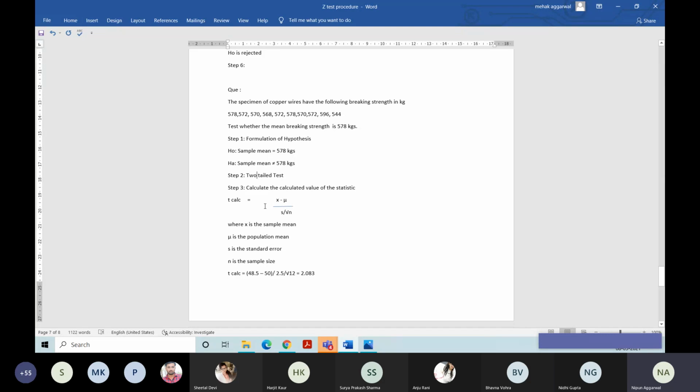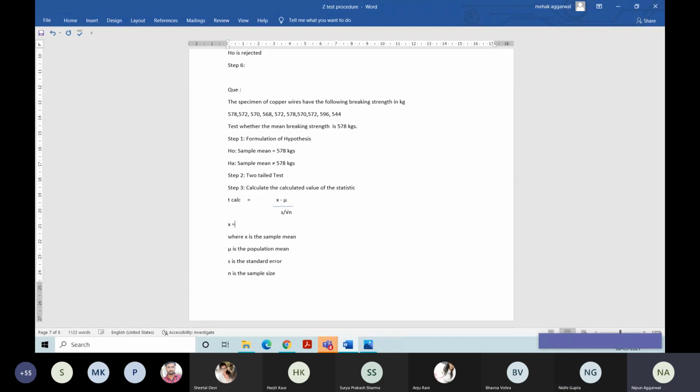Now T calculated value you have to calculate. So the formula will remain the same, but now you have to find these values of X and S. Earlier, the values of X and S were given. Now we have to find them. So now how to find the value of X? We will calculate the mean of all the given values. Find the mean, how much is it coming out to be? 572.